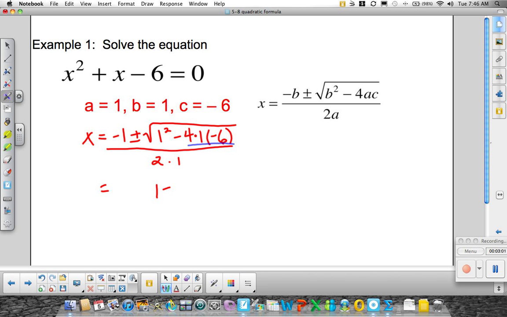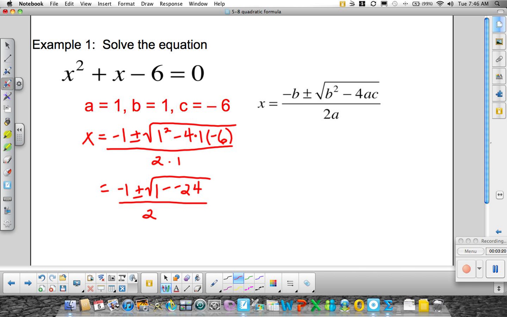So 4 times 1 is 4. 4 times negative 6 is negative 24. So we're subtracting negative 24. And this is what is inside the square root. Then we were adding or subtracting that from negative 1, and dividing it by 2 times 1, which is, of course, just 2.